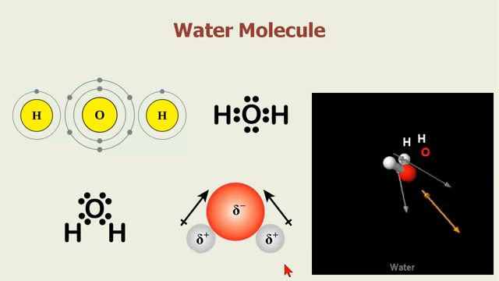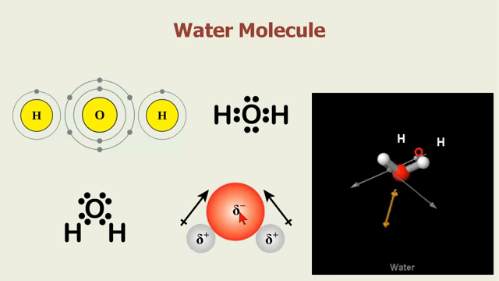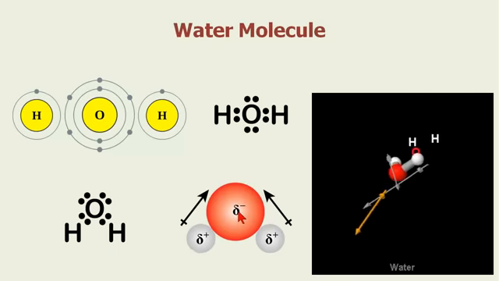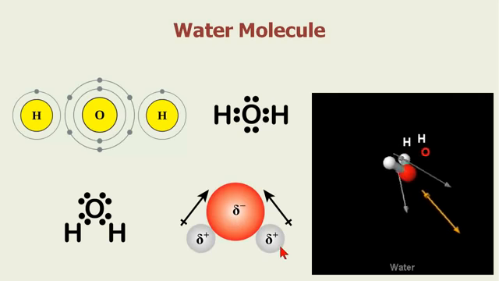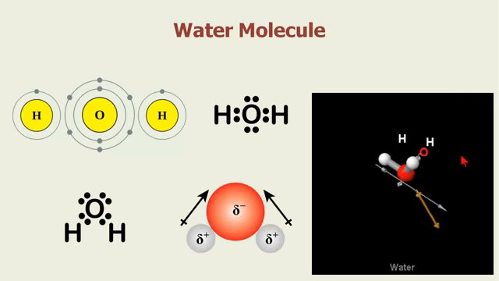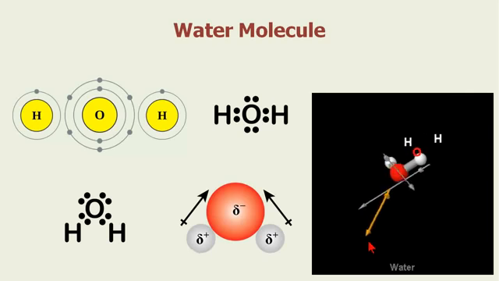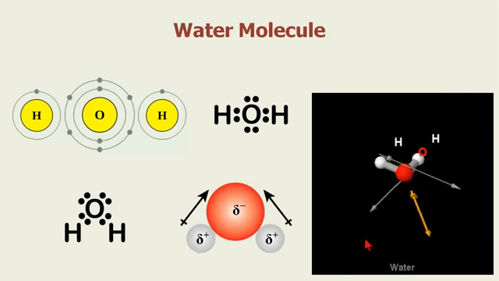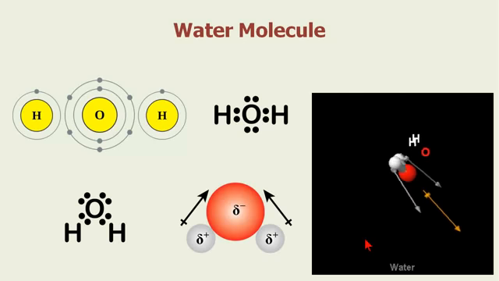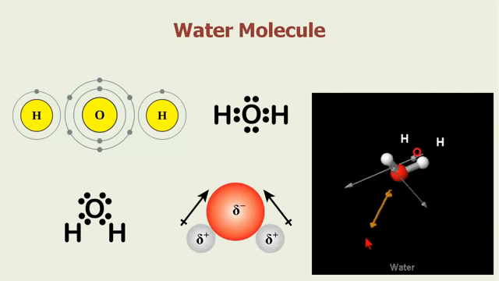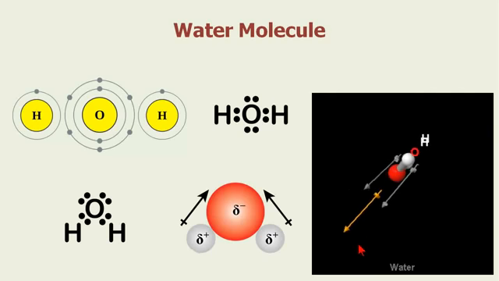Take a look at that, and we see that the oxygen is represented by a negative delta, which means the oxygen is more electronegative than both the hydrogens. And this is the resulting view of it. If you understand each of the components of this rotating water molecule, it'll help you understand how it bonds with other water molecules and why the bonds are how they are.